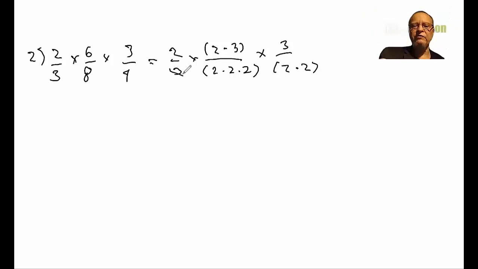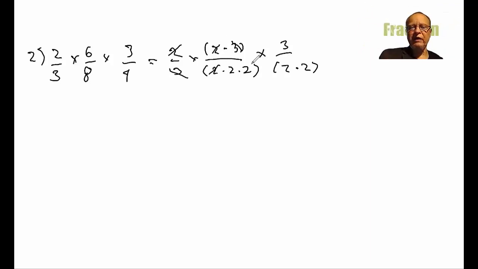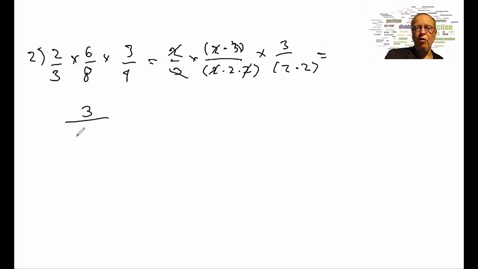So here in division, I cancel out a 3. Here I can cancel out a 2. So what I'm left with, here I have another 2 I can cancel out. So what I am left with finally is 3 over 2 times 2 times 2.